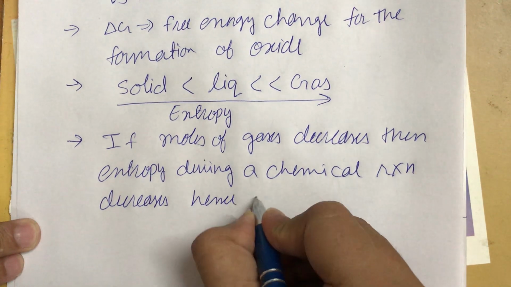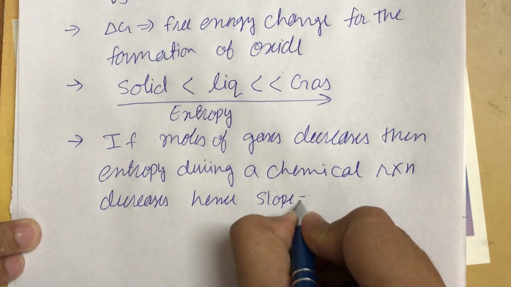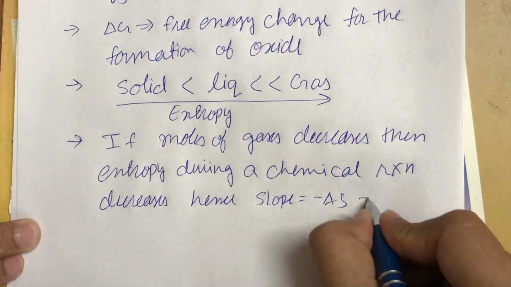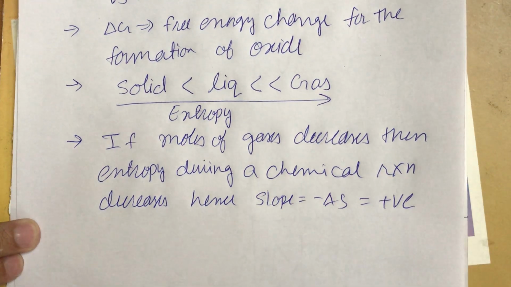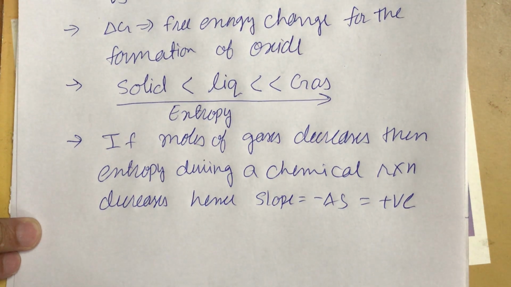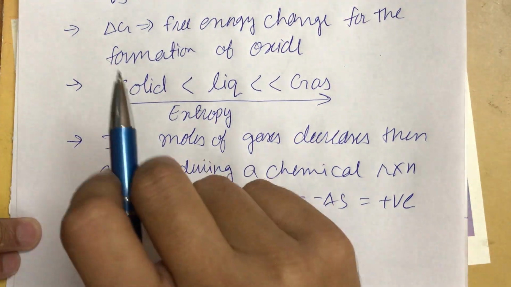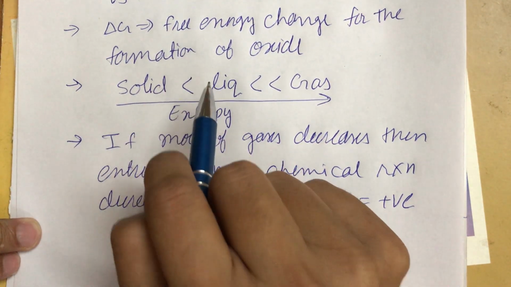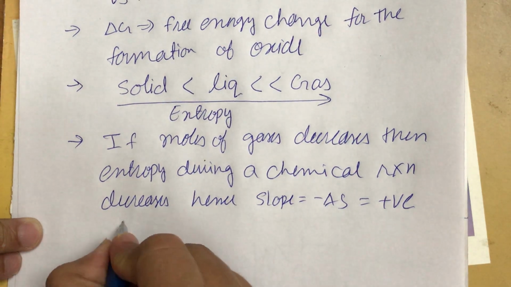Hence the slope, which is minus of delta S, will be positive if delta S is negative. So in any given chemical reaction, if the moles of gases are decreasing, then the entropy decreases and the delta G versus temperature curve has a positive slope.